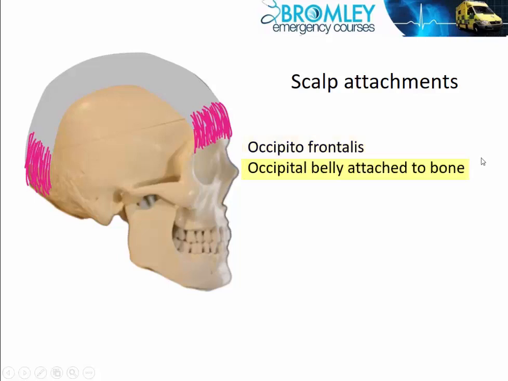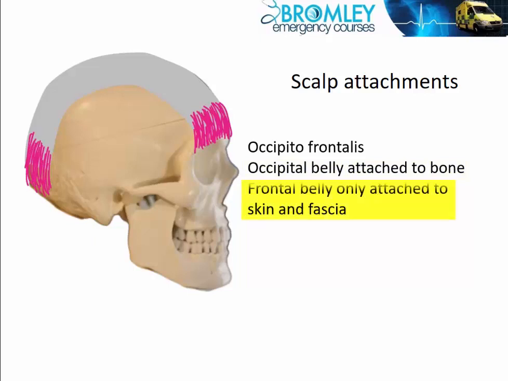And when you contract the occipital part of this, it's attached to the bone around the back of the head, which anchors it. So the occipital part, when it contracts, pulls the whole aponeurosis backwards. Now the frontalis part of this doesn't attach to bone. If it did, effectively the contraction wouldn't achieve anything because the aponeurosis wouldn't be able to move anywhere.